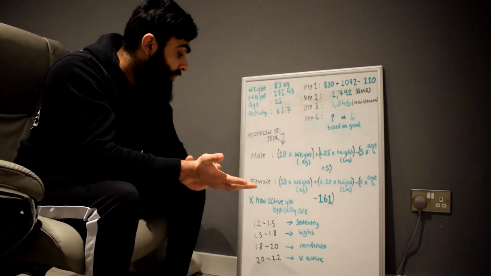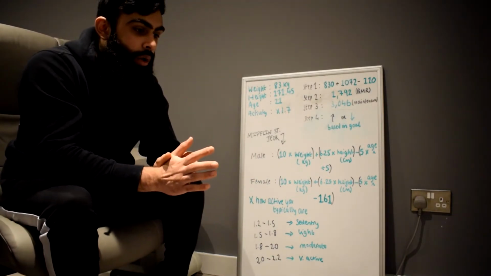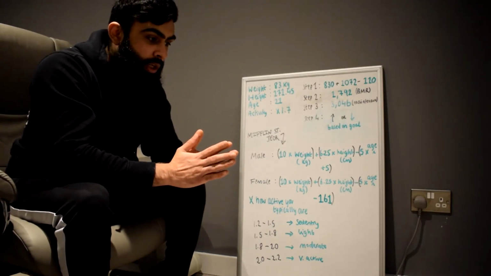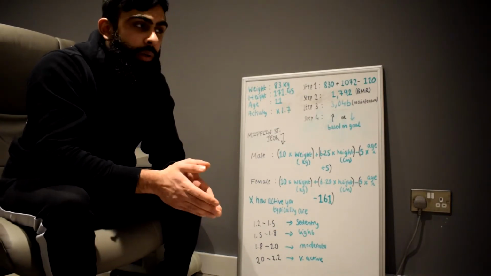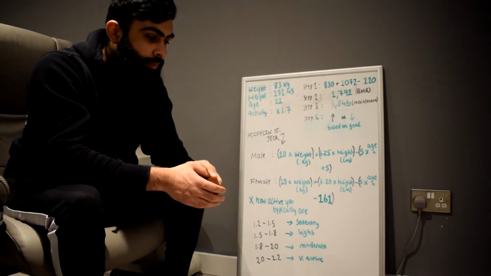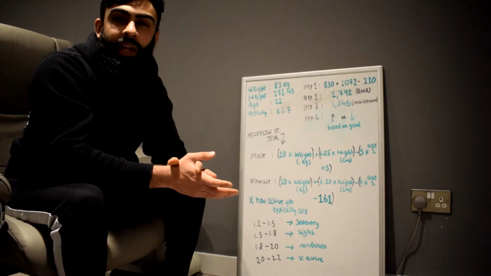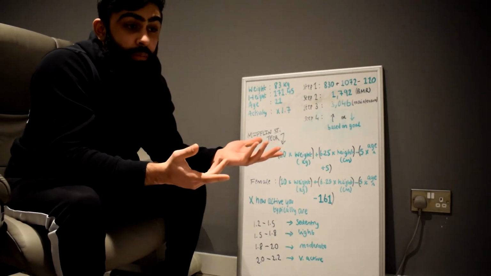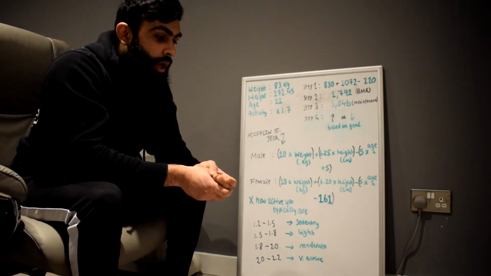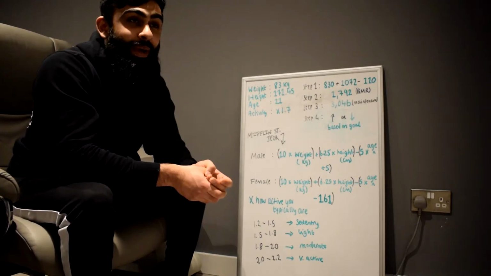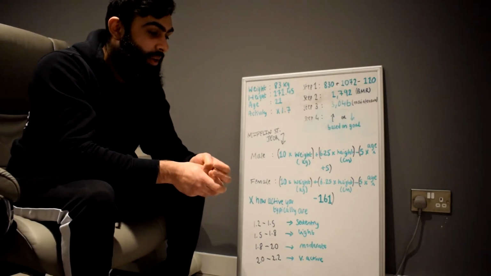Now the final one is if you're really active. This is specific to people who work quite labour intensive jobs, people who have quite an active job. A prime example would be a construction worker, someone who's lifting heavy blocks of, for example, bricks as their job. I'm really generalising here right now.